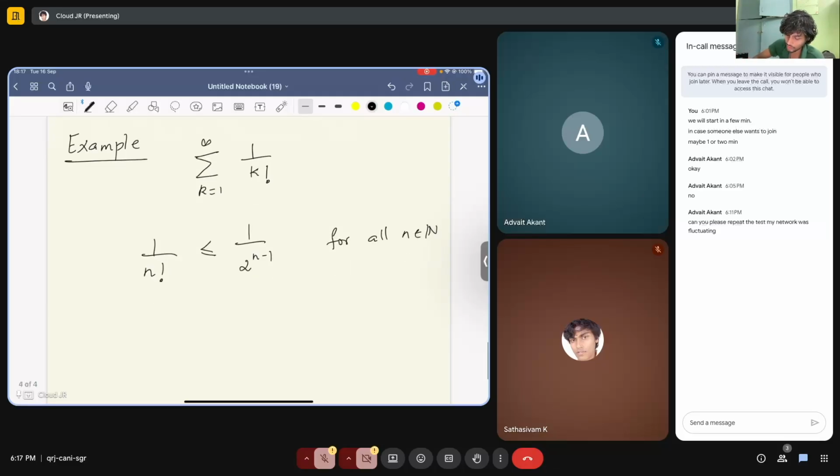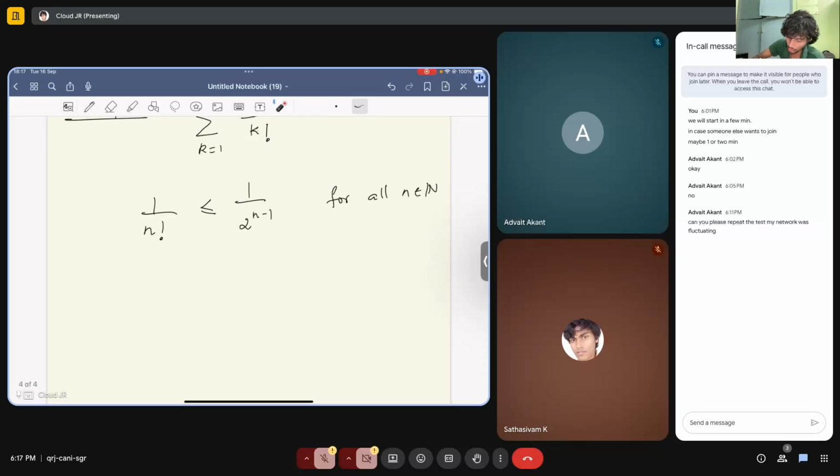If you want to prove it, it is not very hard, you just observe how many terms are here. If you look at n factorial, you can see there are n minus 1 terms, right? So if you write n factorial, this is nothing but 1 times 2 times etc. times n. But this 1 does not give you anything. So there are basically n minus 1 terms here if you leave the 1.